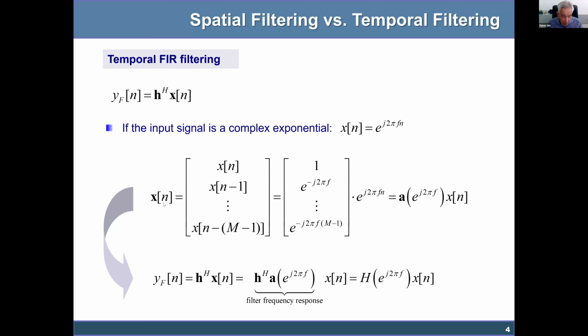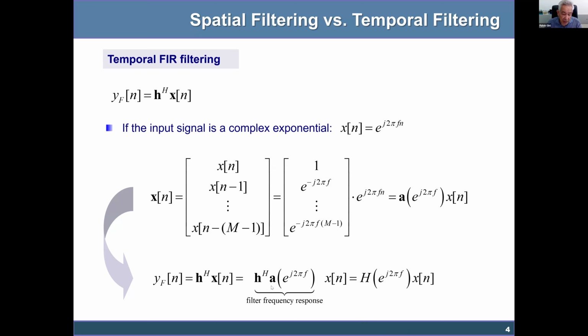Okay, now if you plug this in the expression above, so if you calculate the output of the filter, H-Hermitian x, what you get is H-Hermitian a that multiplies x of n. x of n is a scalar, is the input. So if the input is a complex exponential, the output is proportional to the input. And this proportionality term is what? Is H-Hermitian a.